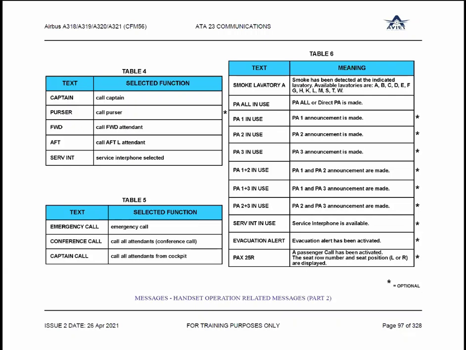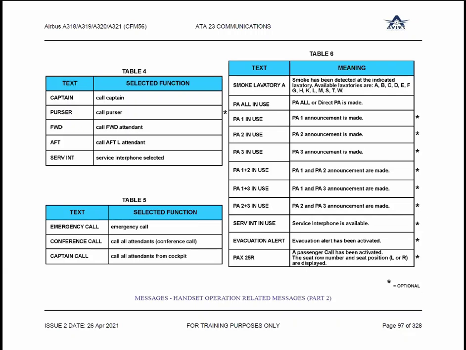So at that time, you have to press the service interphone override button, which is available on the maintenance panel. When you press this, the logic will be bypassed, and again you will be connected to the service interphone. Clear?